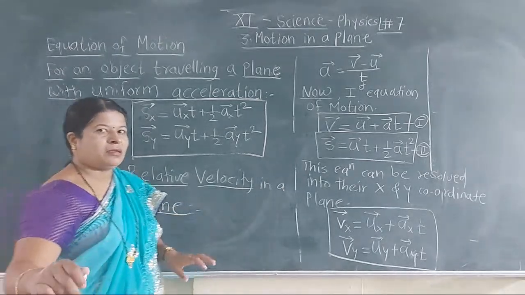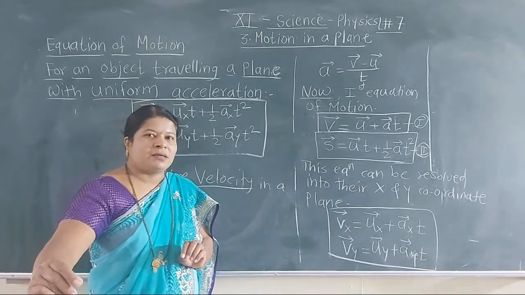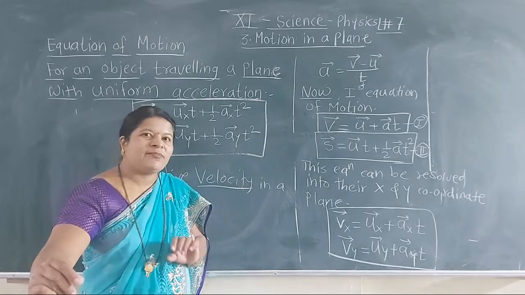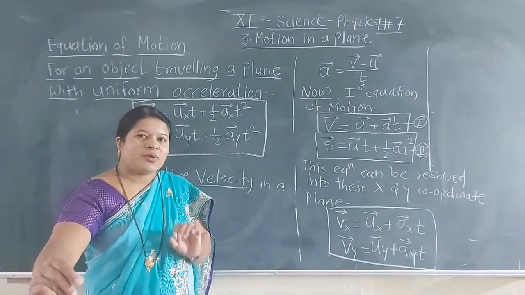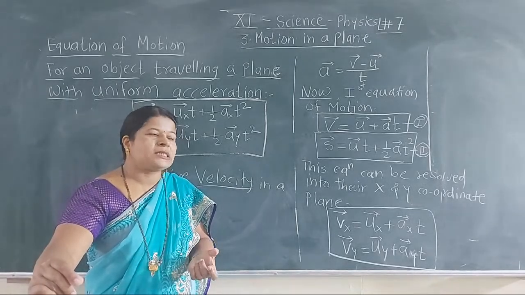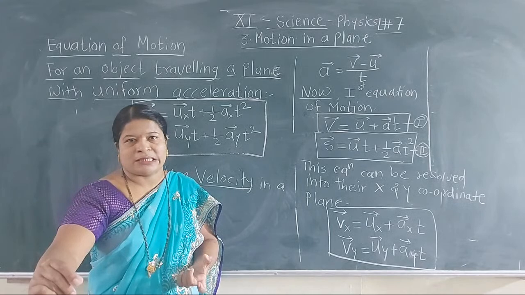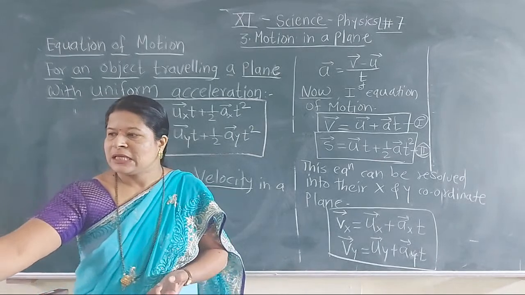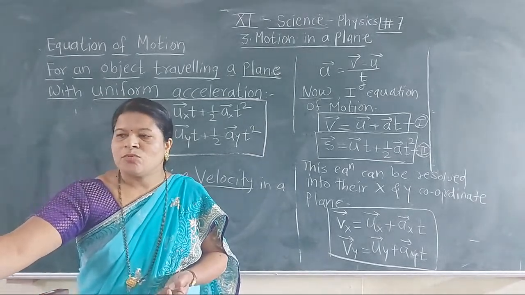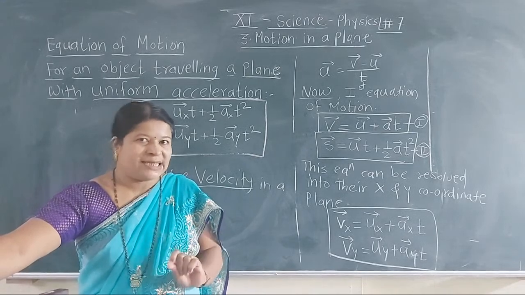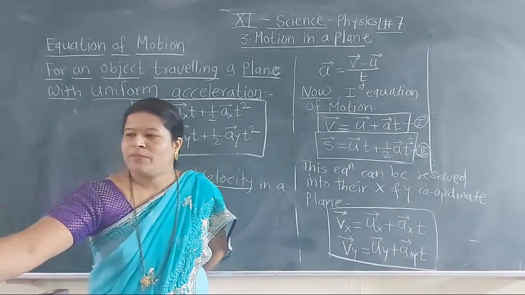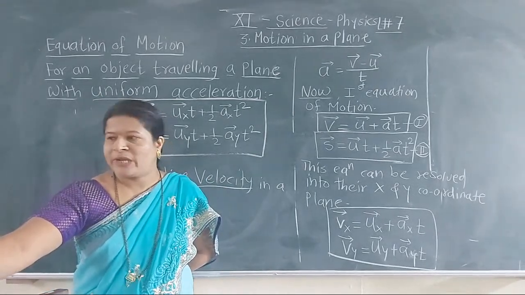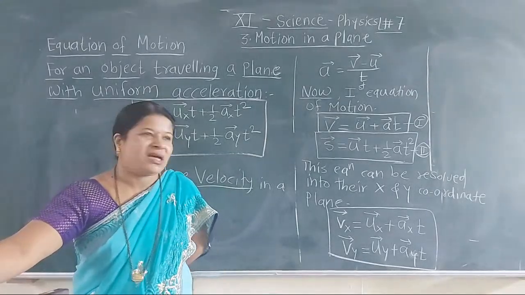It's similar to what we already studied as relative velocity in rectilinear motion. So what is meant by relative velocity? That is, we take the difference between two velocities, the relative velocities between two objects moving in a plane. Now the object moving in a plane is defined similarly to an object moving in a straight line.